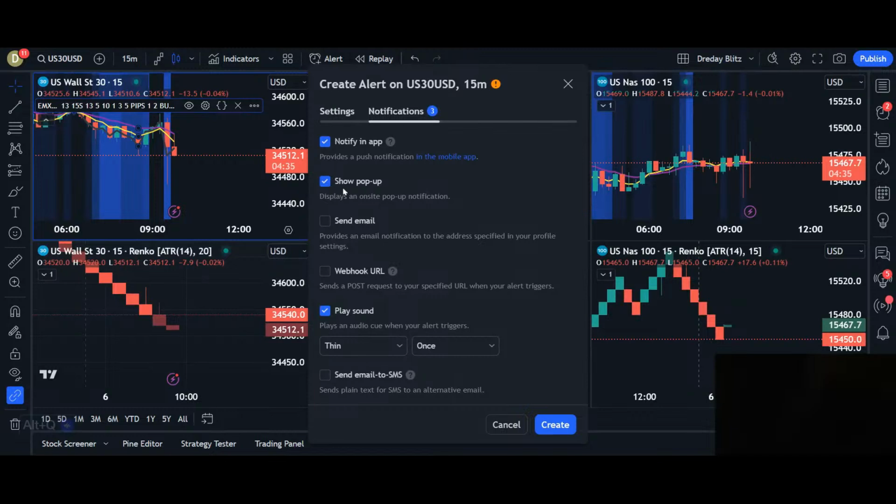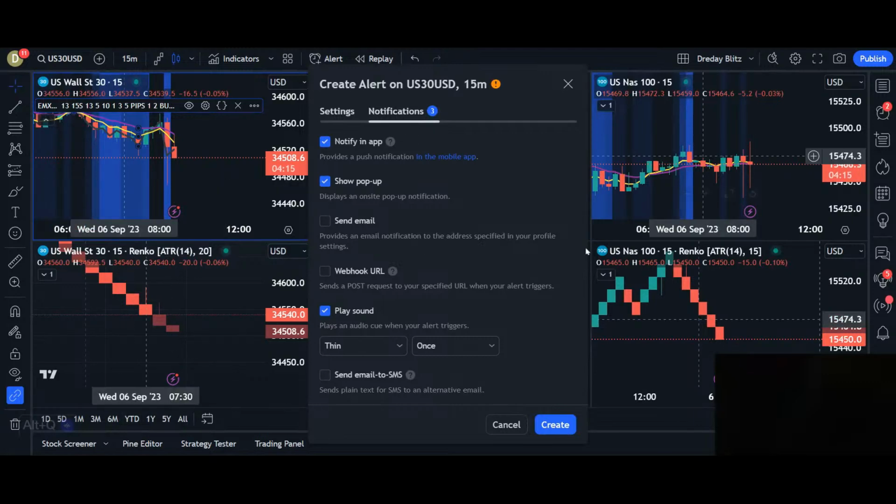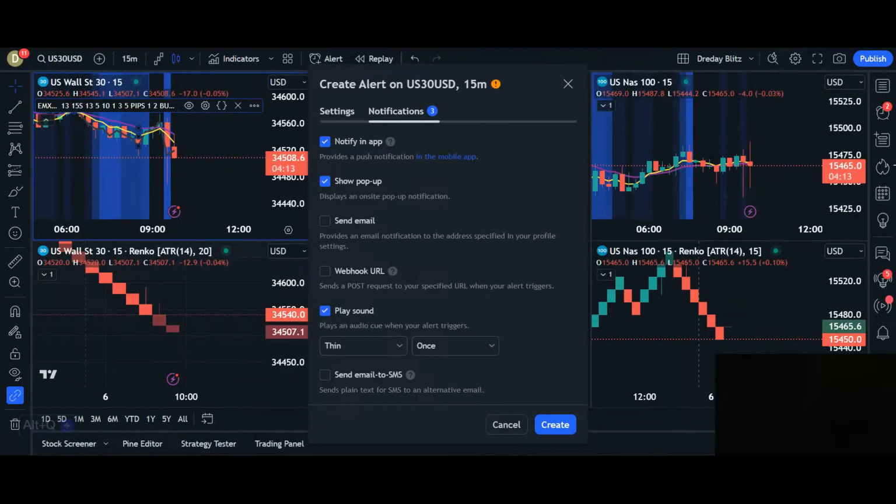Then you put show pop up. If you do show pop up, it's going to pop up on your computer. I think you saw that when we had the alert earlier. It's going to show maybe on the left or right side of your screen if you have the alert tab open.